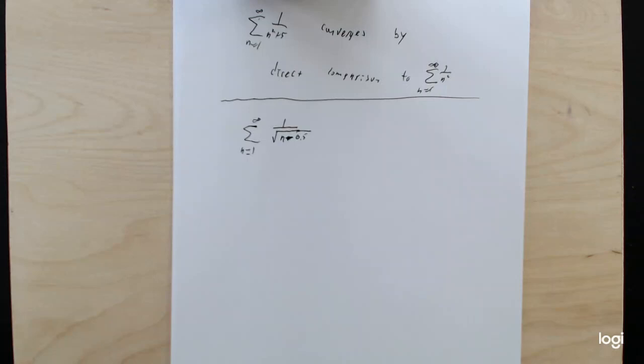I had to make it 0.5 so that we don't get a negative inside of our square root.